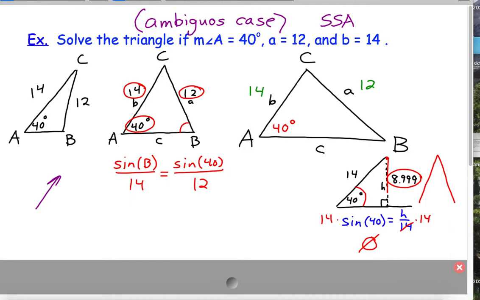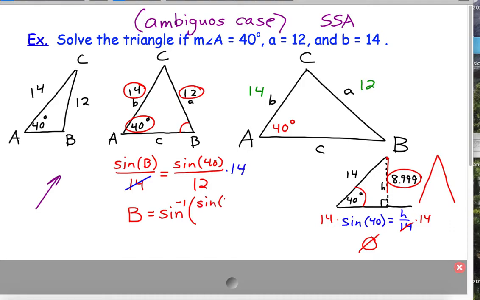All right, so now, if I want to solve for sine of B, the first thing I need to do is multiply the 14 to the other side. And that'll be the sine of B equals whatever the calculator gives me for the right side. But I'm trying to find B, not the sine of B. So after I get that decimal on the right side, I'm going to have to do the inverse sine of whatever that answer is.